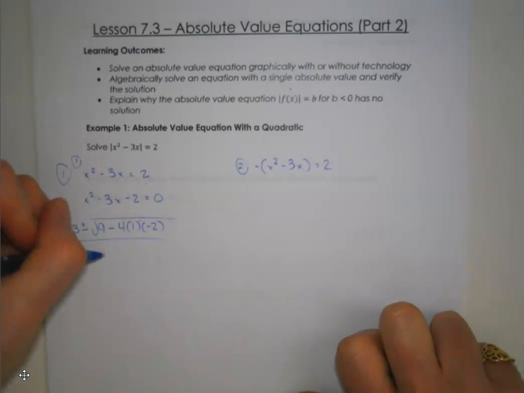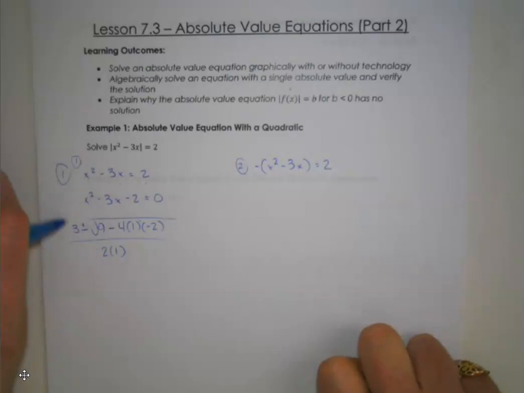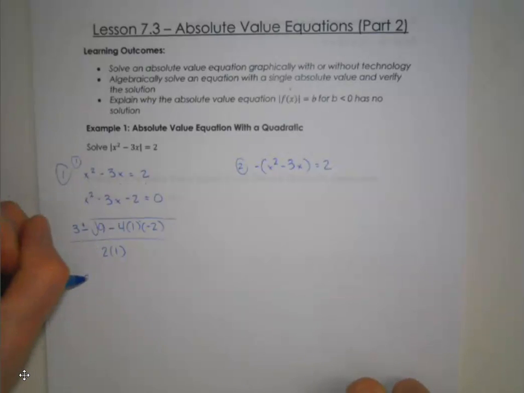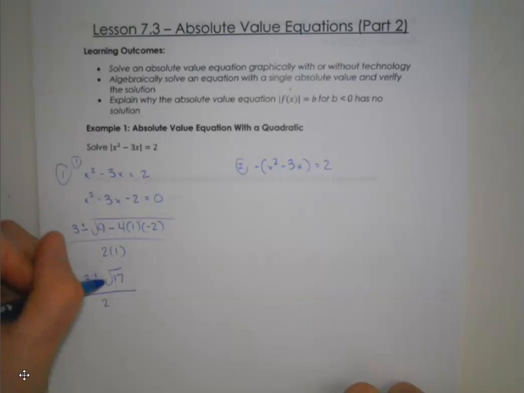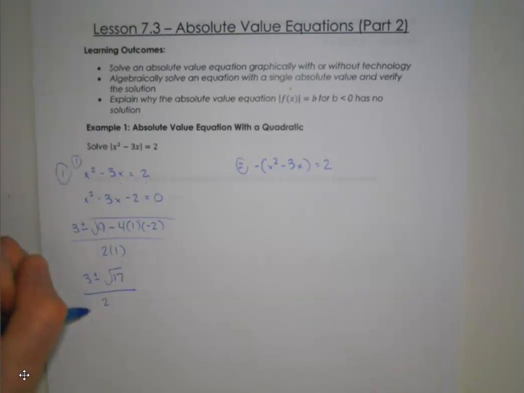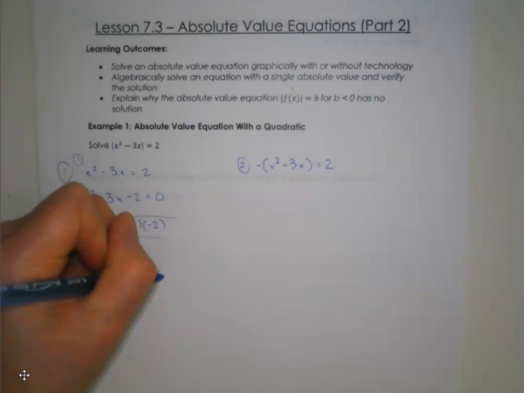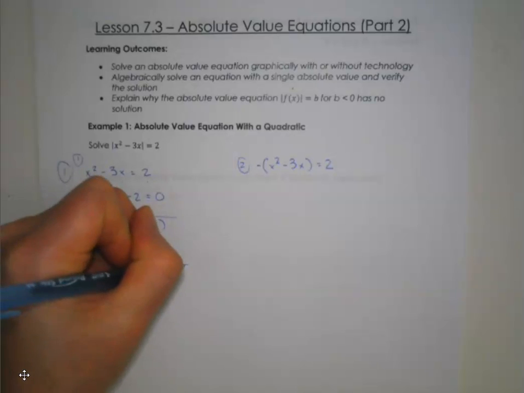And then we want to divide that by 2a, so again the a value is that coefficient of 1 in front of the x squared. When we do that, we end up with 3 plus or minus the root of 17 divided by 2. And so if we do 3 plus the square root of 17 over 2, we end up with x being equal to 3.56.